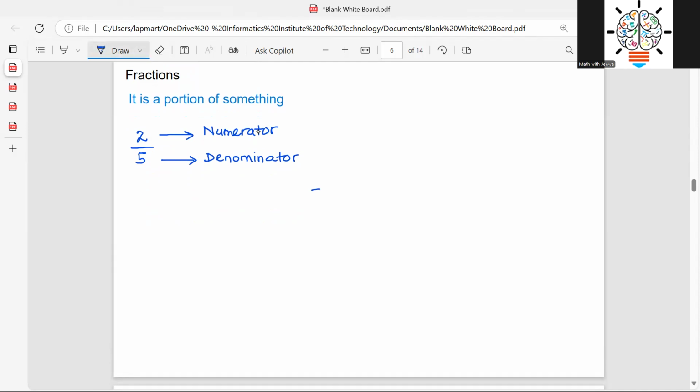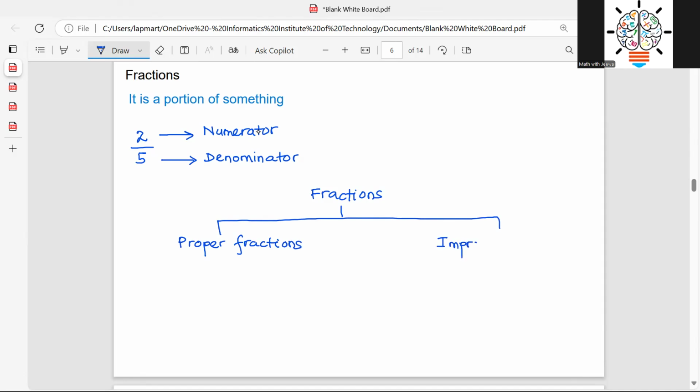And fractions, we do have basically two types. What are they? These things you have learned in your lower grades: proper fractions and improper fractions. What are proper fractions, children?